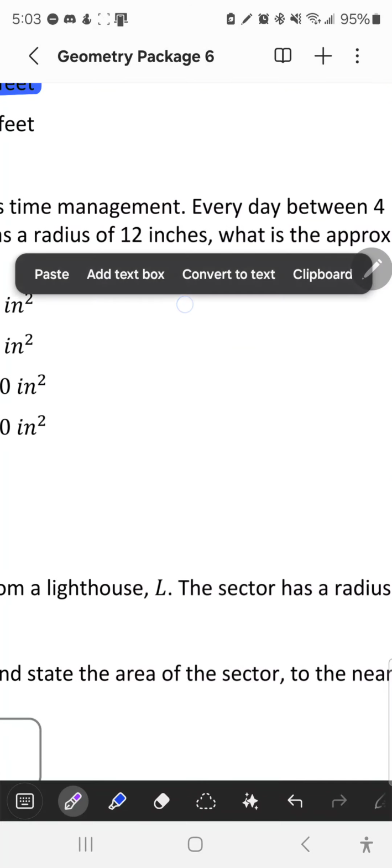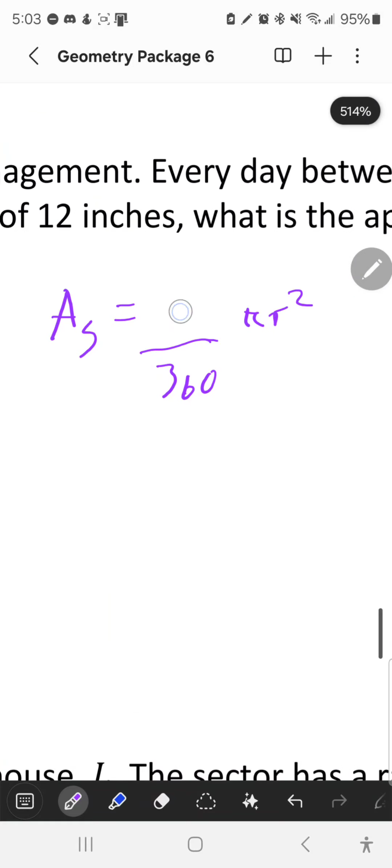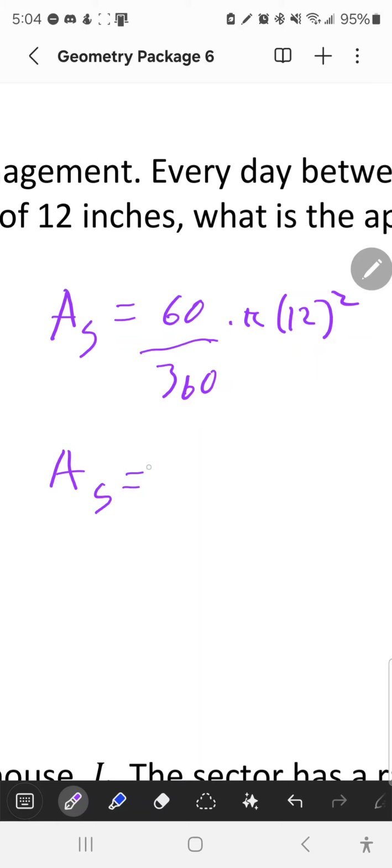So our angle right here will be 60. When I substitute the values, the area of the sector will be 60 over 360 times pi r squared, and r is 12, so 12 squared is 144. I can simplify this to 1 over 6, or we can just leave it over 360.